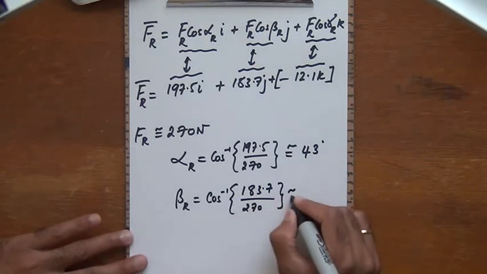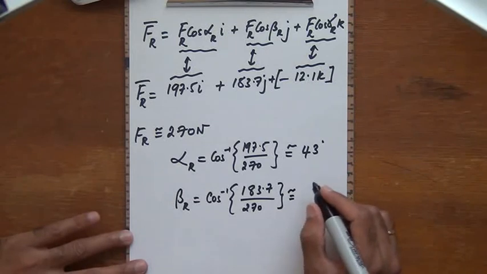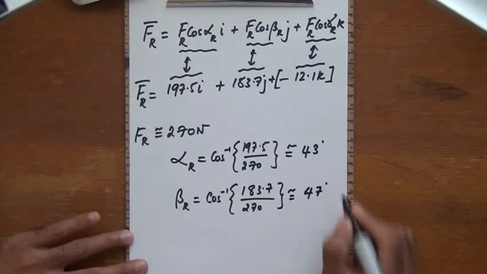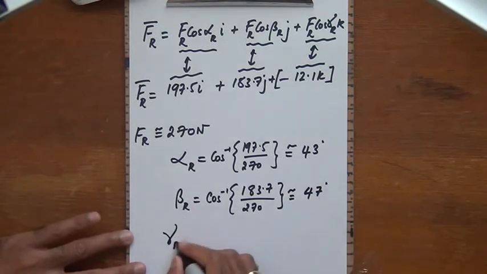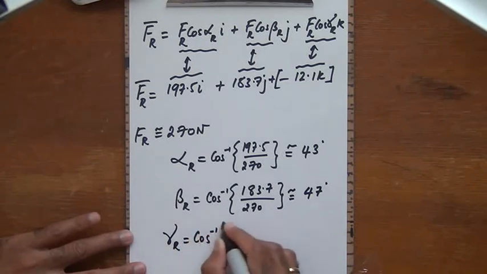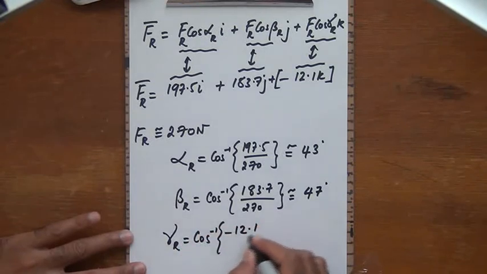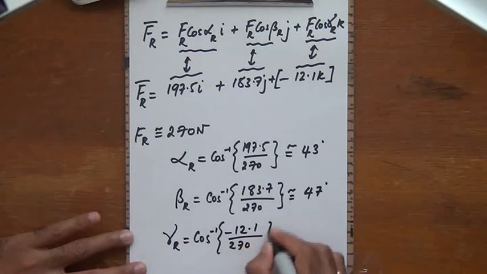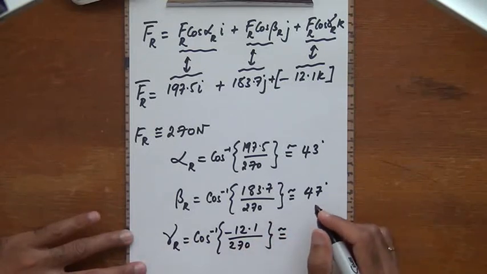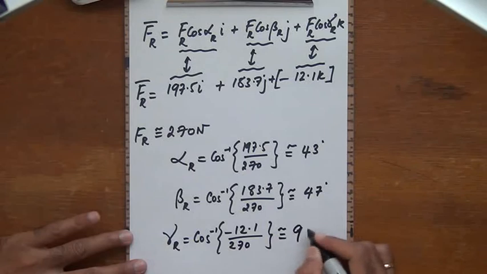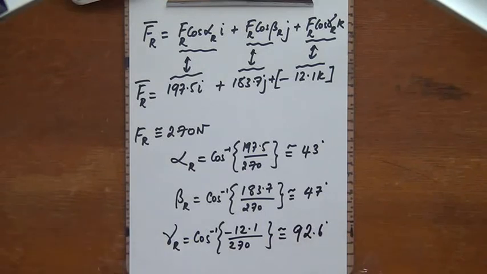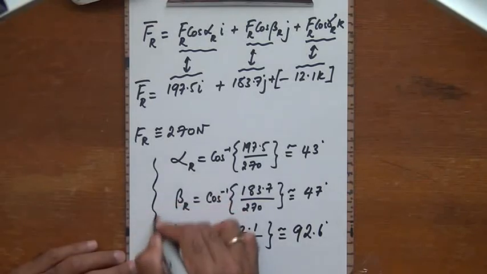This is going to be slightly larger than alpha, 47 degrees. And then gamma r, be careful here, don't forget the negative sign, and this is an obtuse angle, any angle greater than 90 degrees, 92.6 degrees. So we have alpha, beta, and gamma for the resultant force vector.